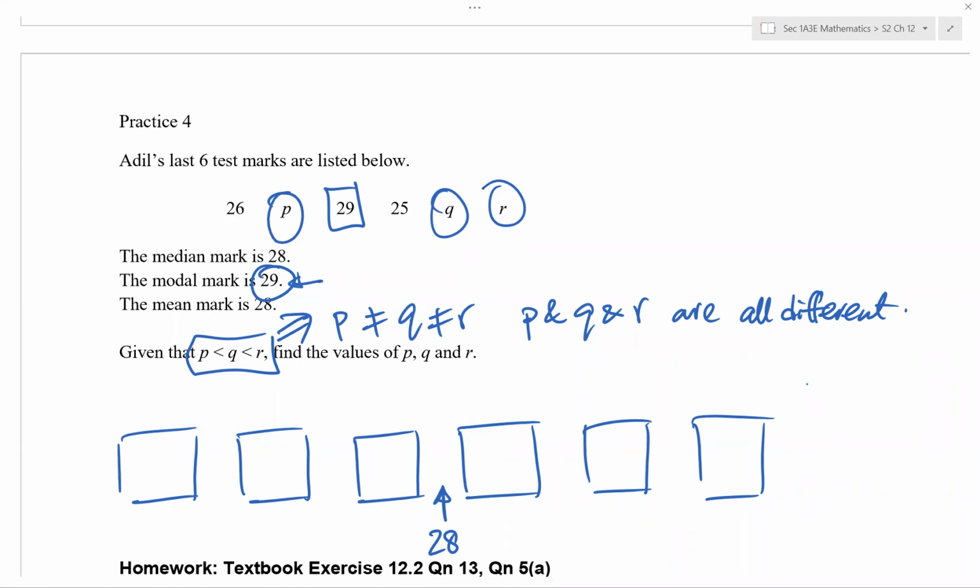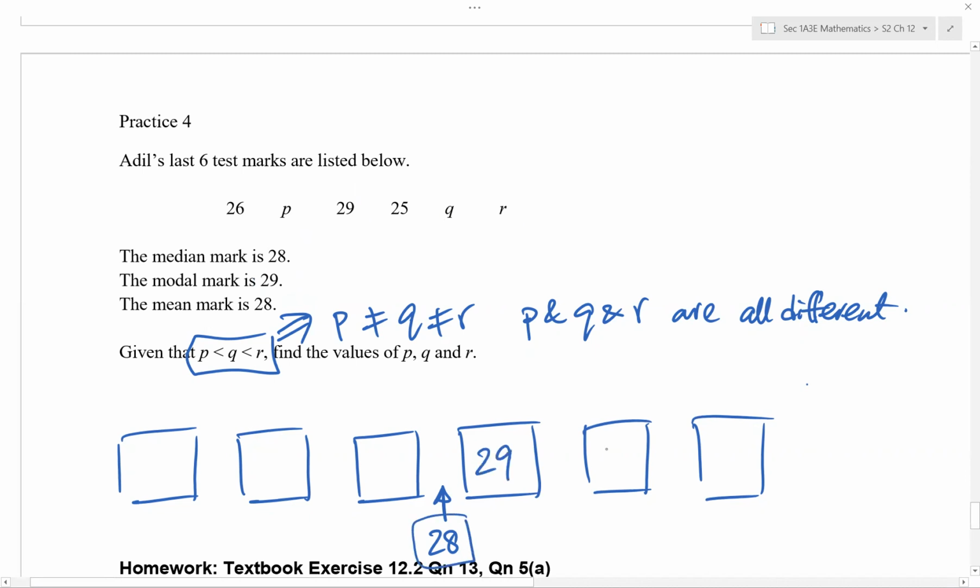Okay, so now that brings us to filling in the blanks. Well, since 28 is found right in the middle, it implies that this could be 29, this could be 29, and this could be a larger number than 29. Well, that's one possibility. The next possibility is that we've got both 29s found on the right-hand side.